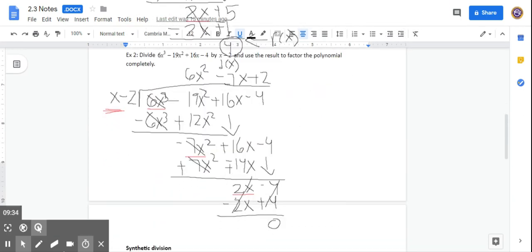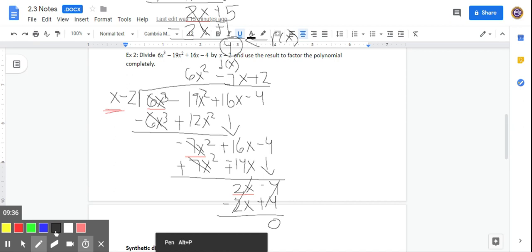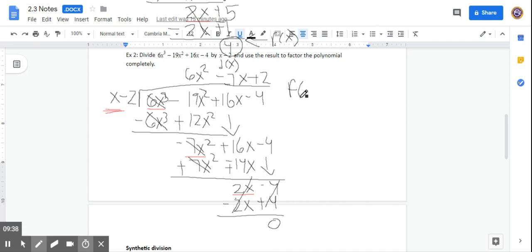So once again, we have f of x equals my divisor, which was x minus 2, and then times my quotient, which was 6x squared minus 7x plus 2.